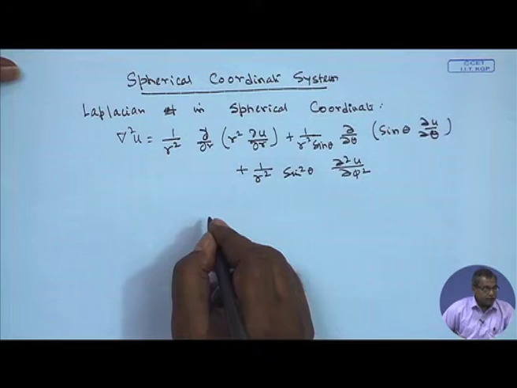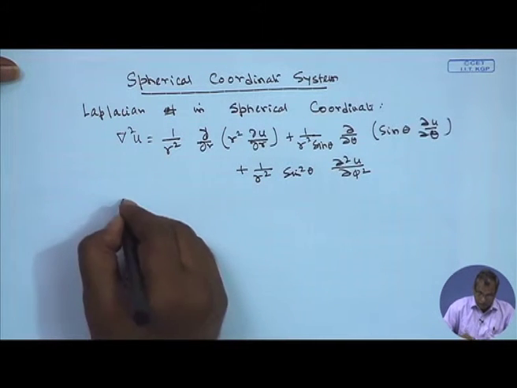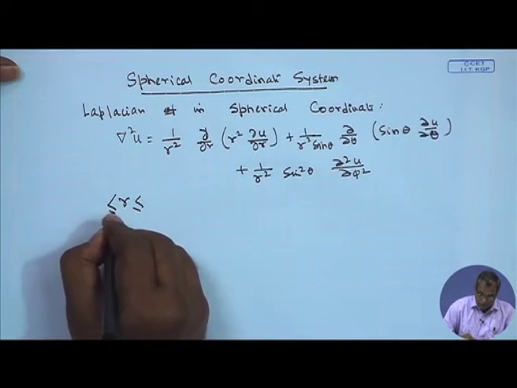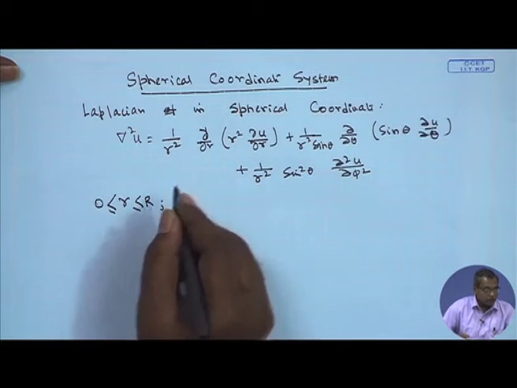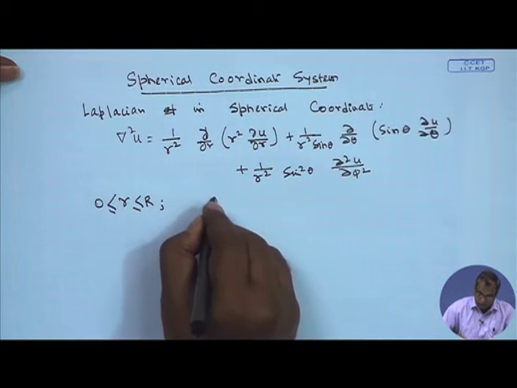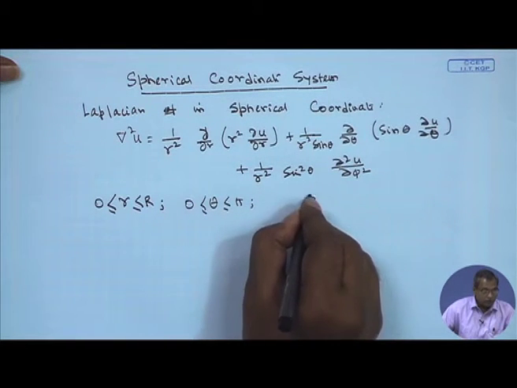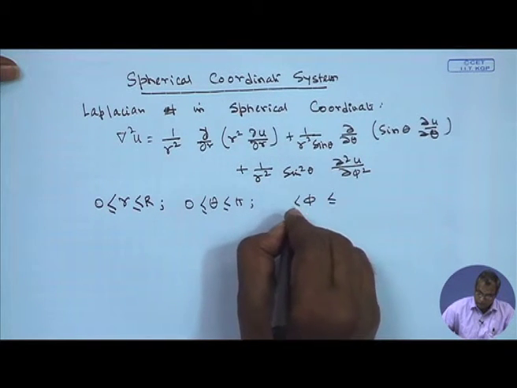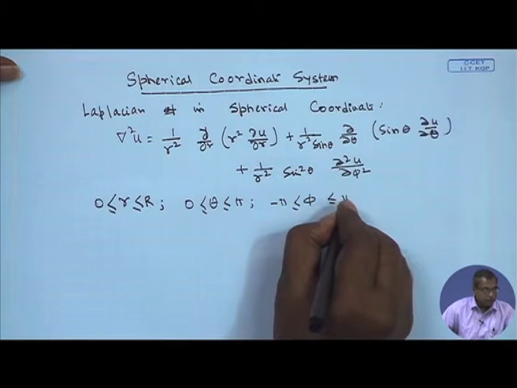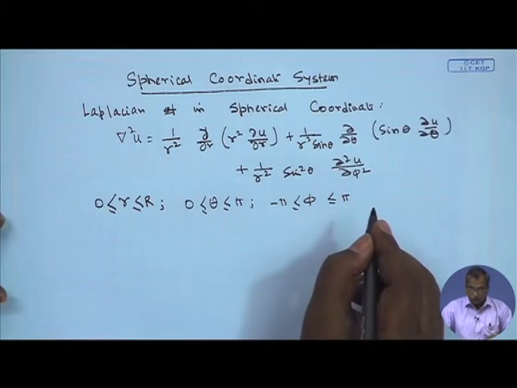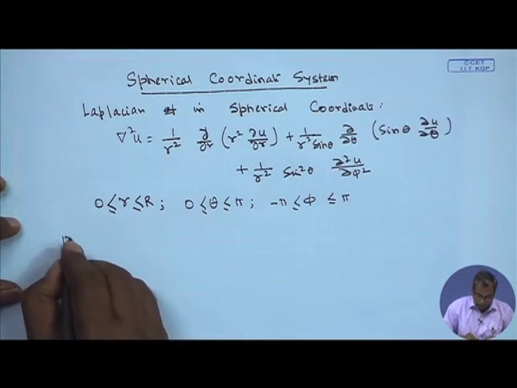So, that is the Laplacian in a spherical coordinate system, and the domain of r varies from 0 to capital R or 0 to 1, theta from 0 to pi, and phi from minus pi to plus pi. Now, we will be looking into the first example.